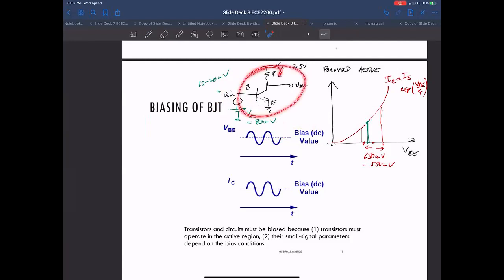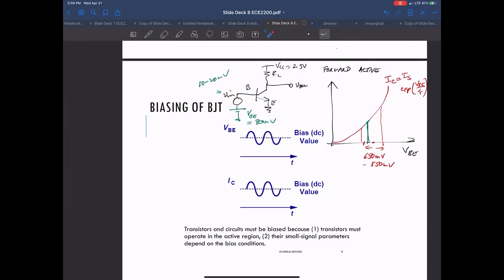You can't just be sticking batteries or voltage sources of different voltages here and there. So this is good for understanding, but it's not a practical implementation. A practical implementation needs to be low cost and physically small, not costing you a lot to put into your circuit.